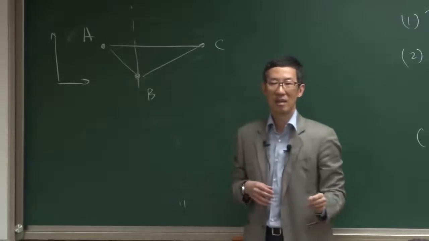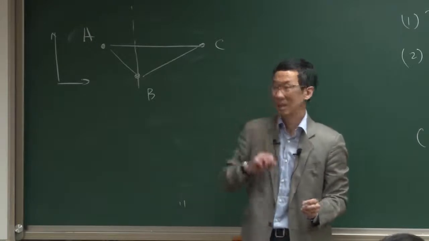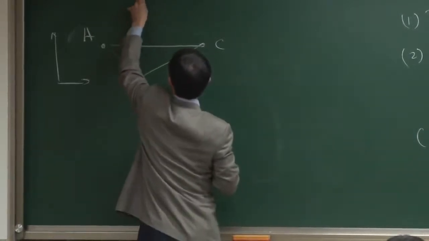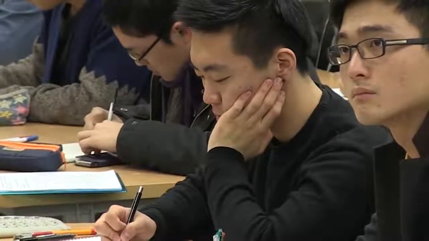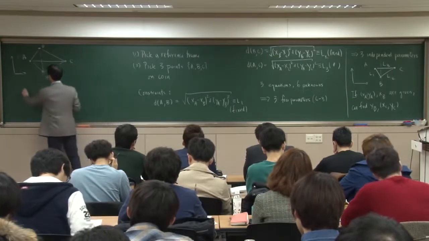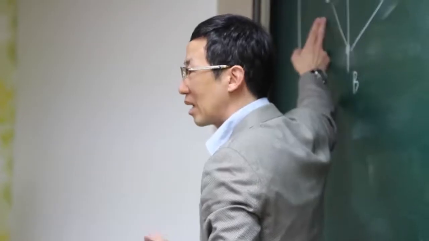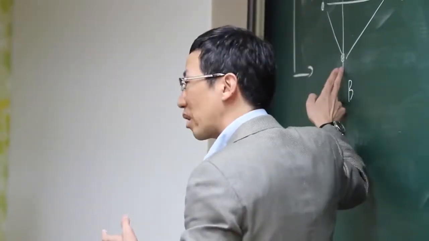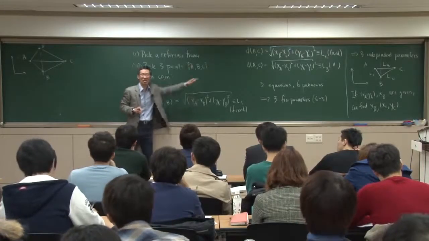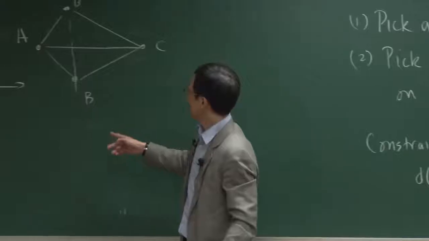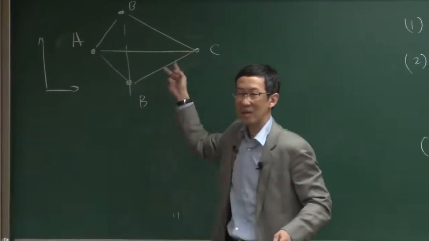But there's another solution. What is it? Well, it turns out that's also a solution too. So, given the location of point A and given the x coordinate for point B, if I solve these three equations, then I can get this set, or I can get this set. So there are two solutions here.